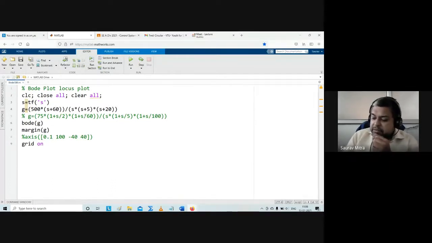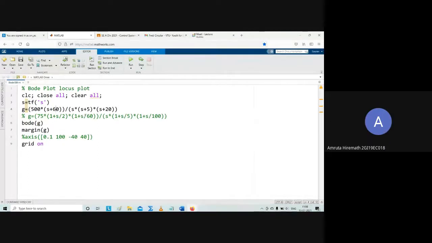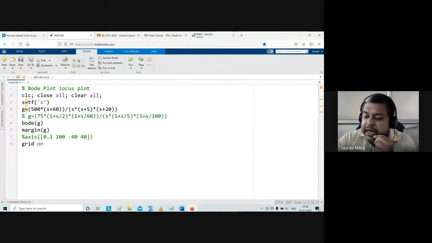Chinmay, can you tell me what will be the amplitude at point 1? What will be the amplitude at point 1? Same process you have to follow. How much? 20 dB. How much is the resultant amplitude at point 1?